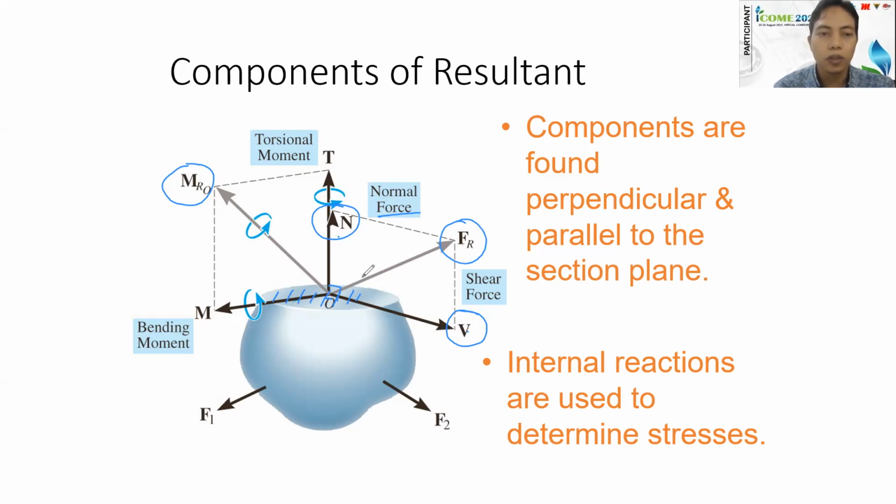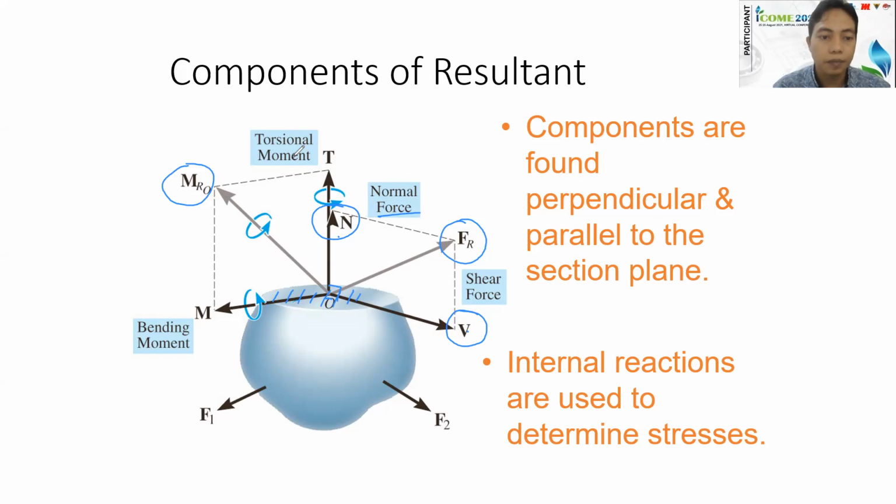Okay, so now we are already able to decompose this resultant force into normal and shear force. The same thing goes with the moment. We can also split up or decompose this moment in the normal direction and in the parallel direction. For the normal direction, we call this torsional moment that twists the material.